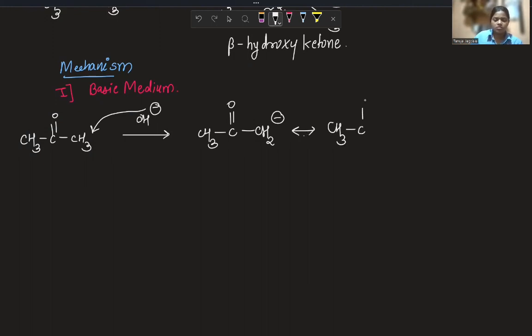This undergoes resonance to form enolate ion. In the second step, this enolate ion will attack the carbonyl carbon of acetone.